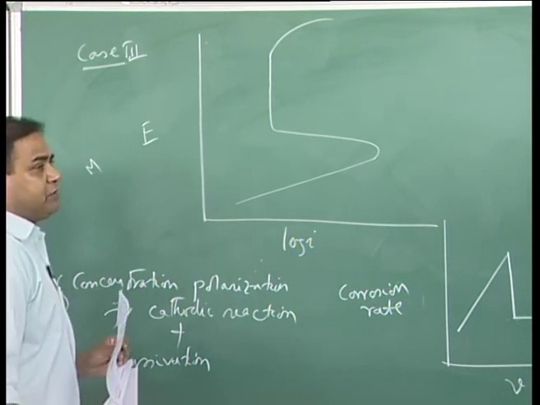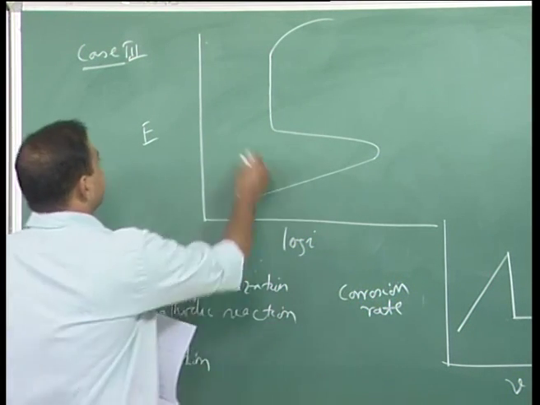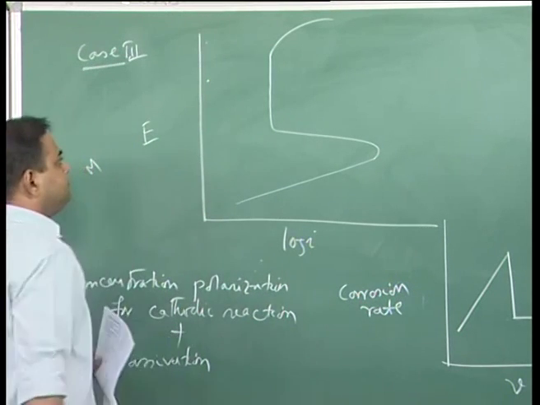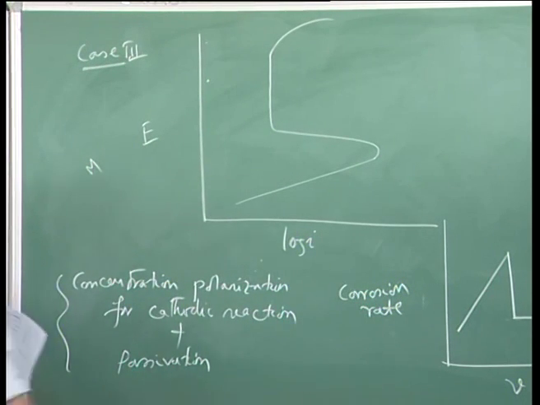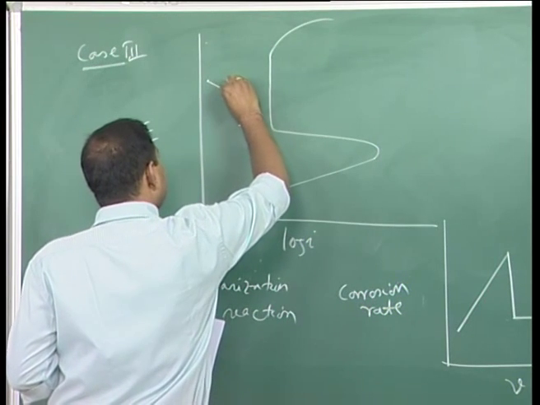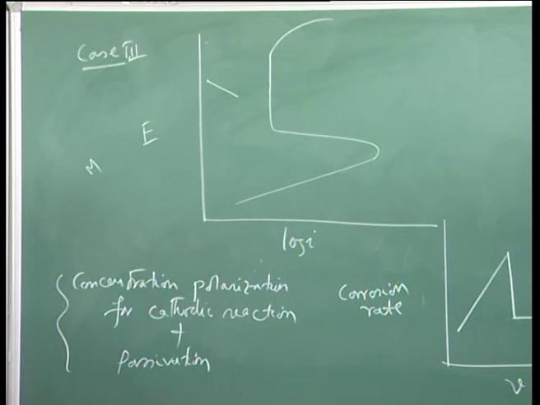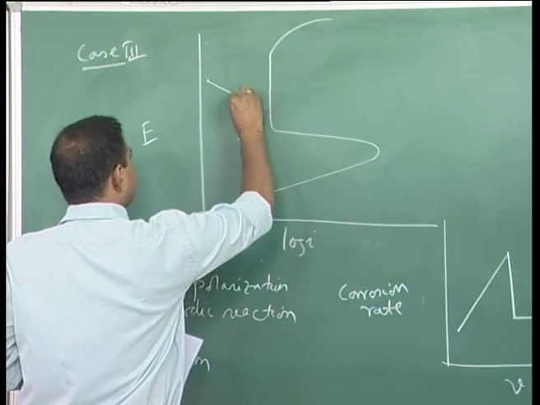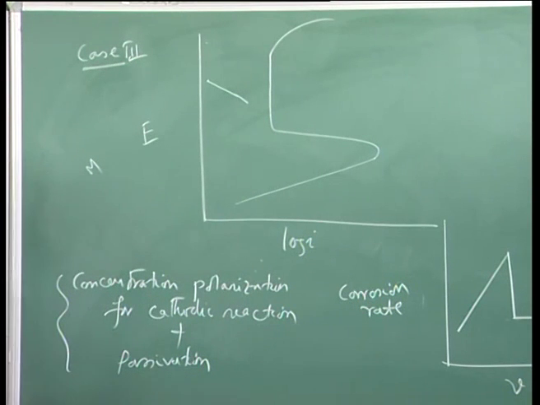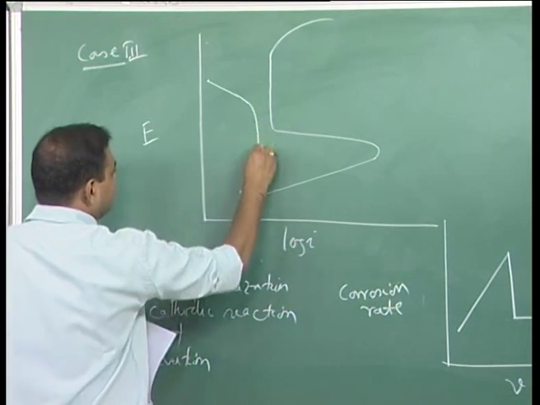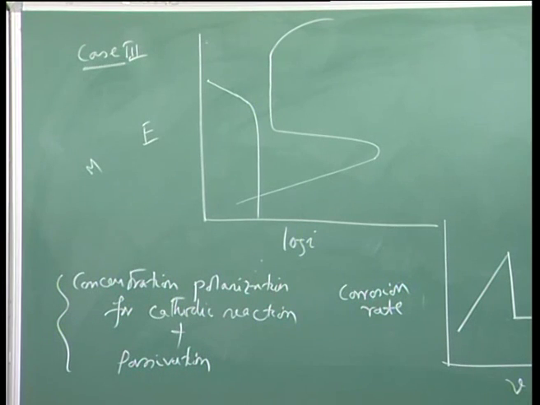Now, I have the cathodic reaction. Let us say my cathodic reaction is starting from here, and this is my activation part of that polarization for that cathodic reaction, and then once I reach a value where cathodic concentration polarization is starting, I will reach the level of IL at that velocity.